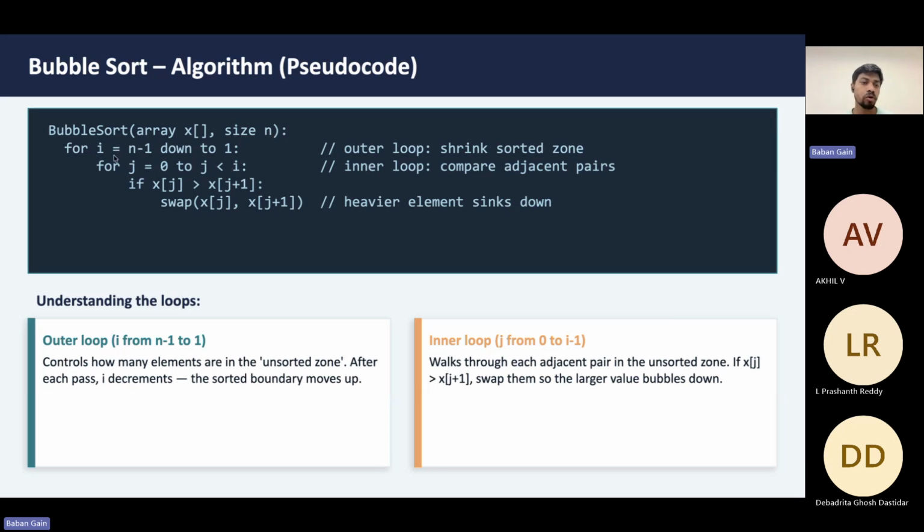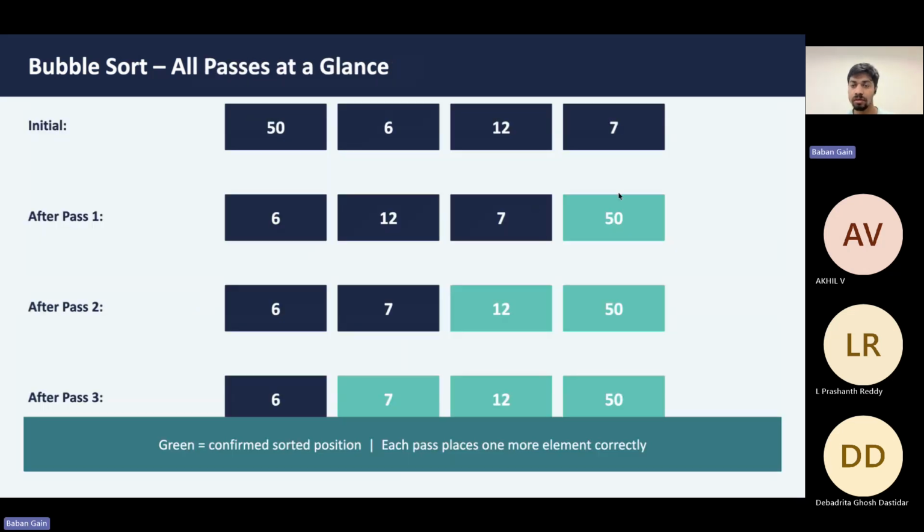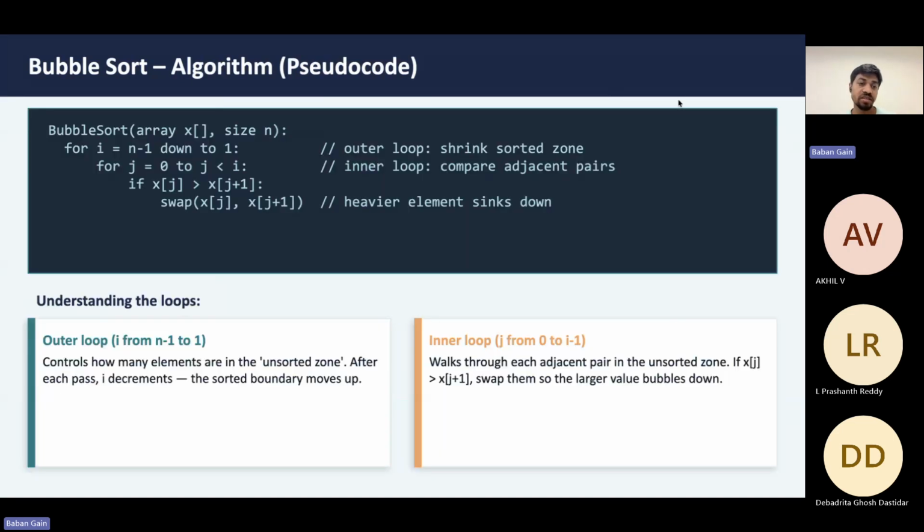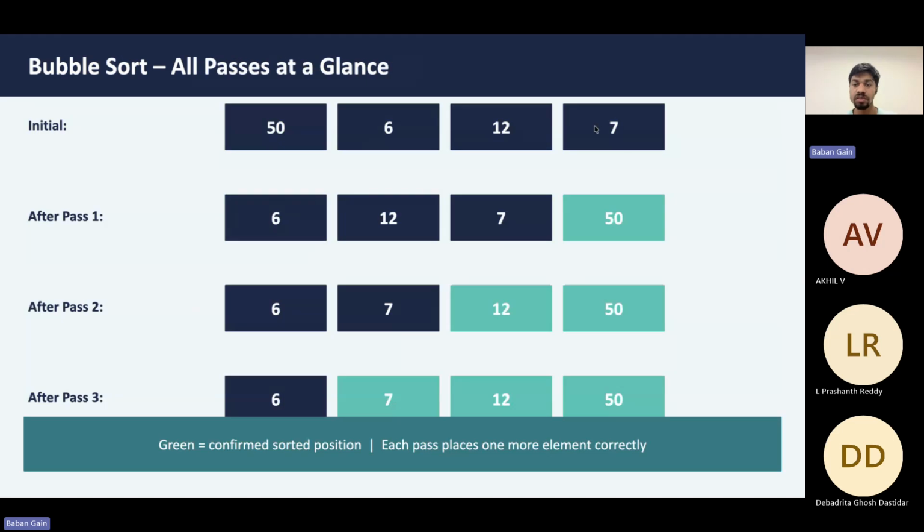So we run a loop from n minus 1 down to 1. From this position, this is the last index. So if the array size is n, the last index is n minus 1, right? So we run a loop from this position to 1, and we compare with the previous one.